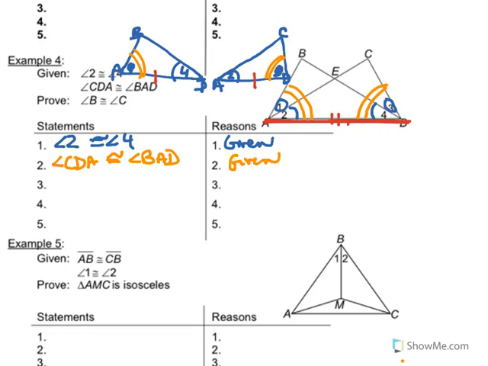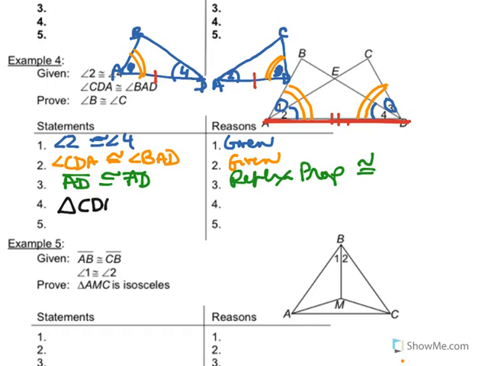And so we have that as given. Okay, and then we can say AD is congruent with AD. How do we know that? Reflexive property of congruence. And so what can we prove now at this point? That triangle CDA is congruent with triangle BAD.